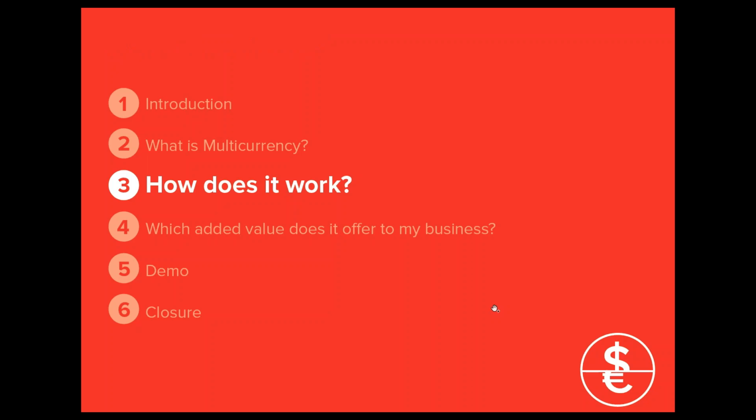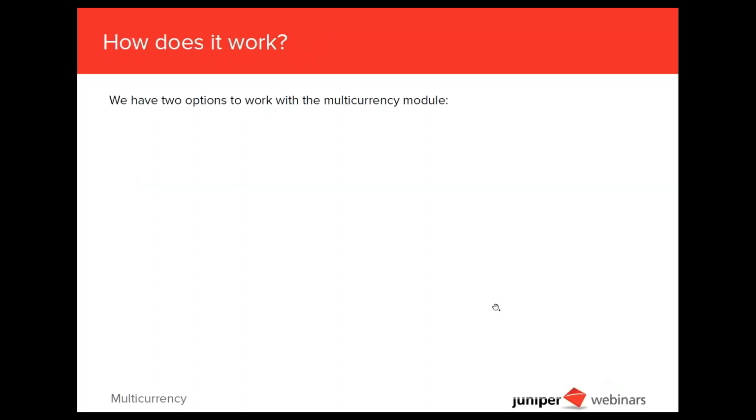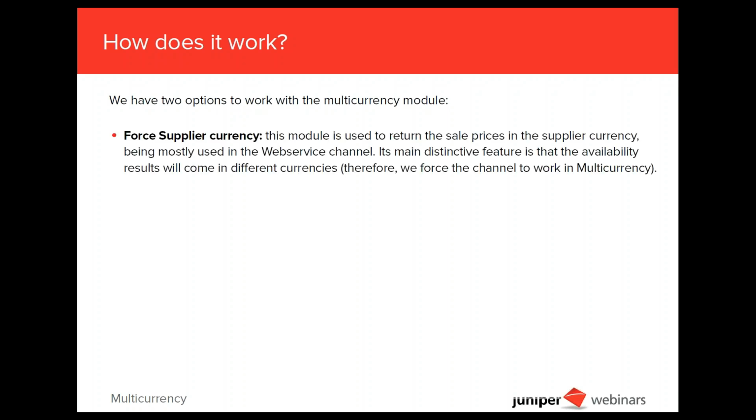So how does multicurrency work? We have two options to work with the multicurrency module, and it's very important to make a distinction between these two, because both are called multicurrency, but depending on the type of your business, one might be more interesting for you than the other. The first one is called forced supplier currency.